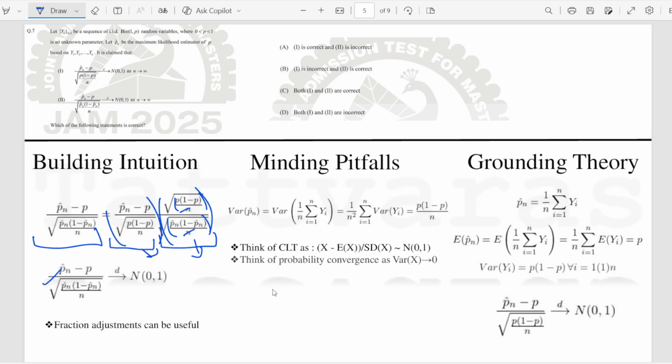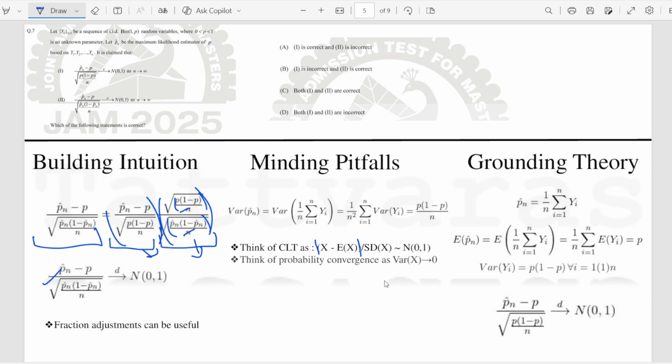Now, a pitfall that can happen is, whenever we think of central limit theorem and probability convergence, there can be confusion in how to understand them intuitively, and that may lead to errors. So when you think of central limit theorem, think of it as centering and then normalizing that centered quantity by the standard deviation. That thing goes in distribution to the standard normal.